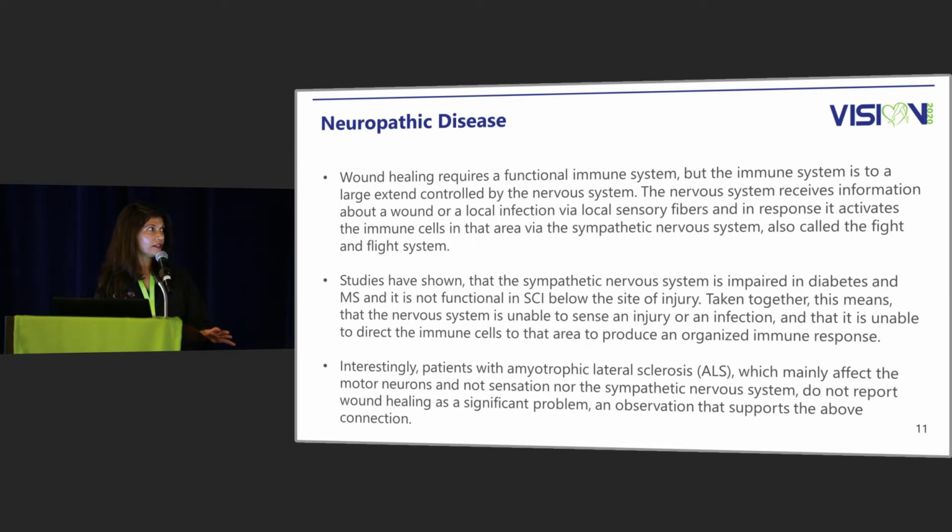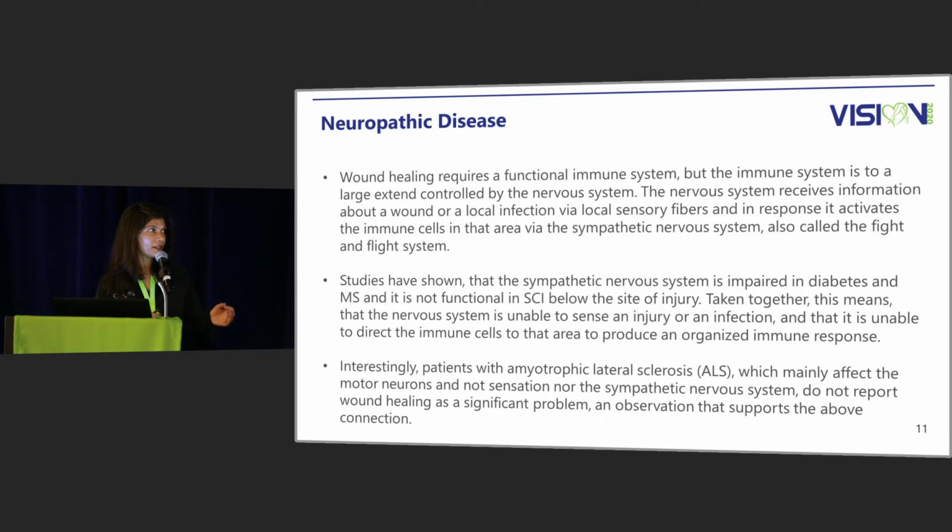However, wound healing also requires a functional immune system and a functional sympathetic nervous system. The sympathetic nervous system is what is responsible for transmitting the response to the immune system for infection-fighting cells to make their way to the wound.